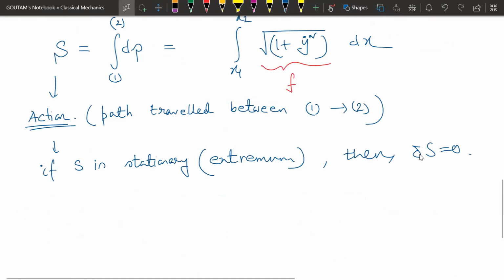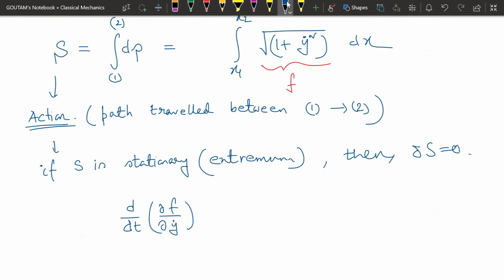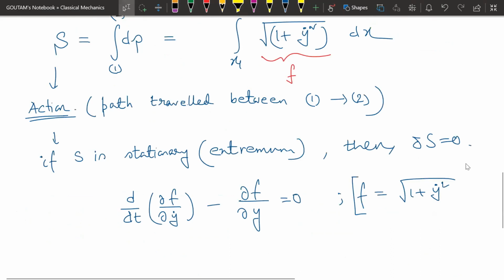So in that case, we will say that d/dt of ∂f/∂ẏ minus ∂f/∂y equals 0, where f is root under 1 plus ẏ square.